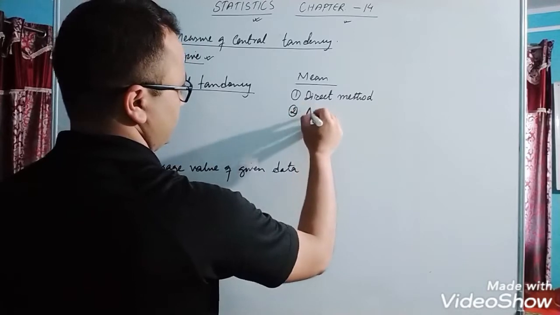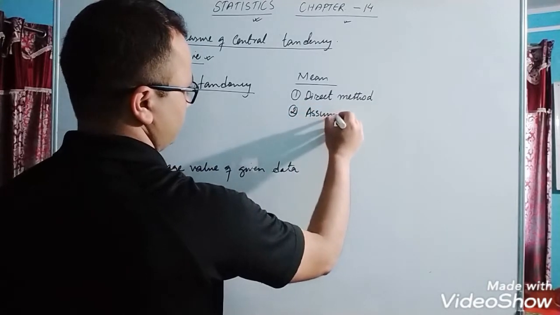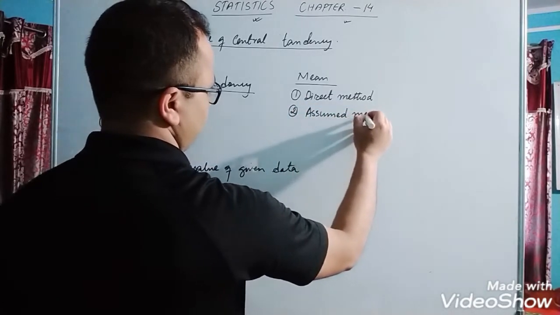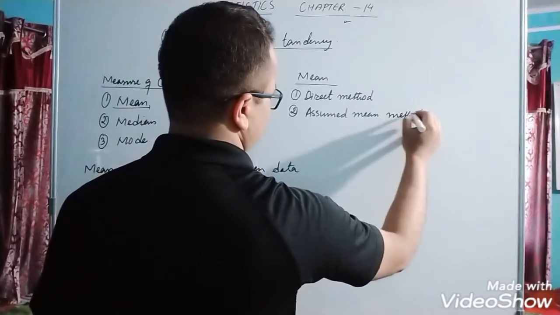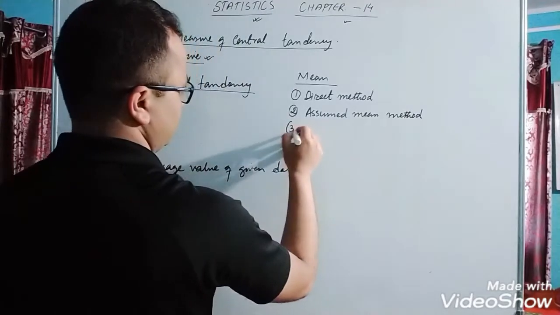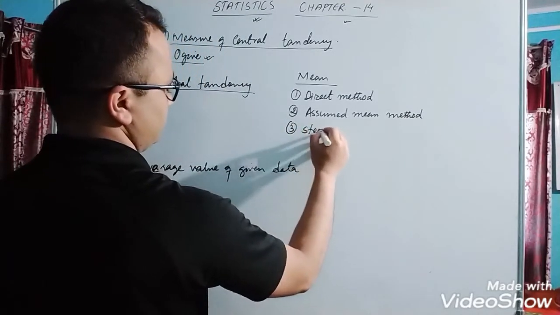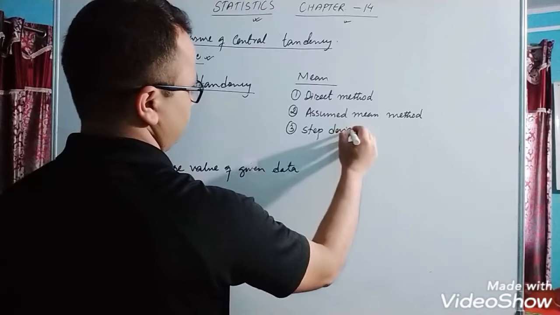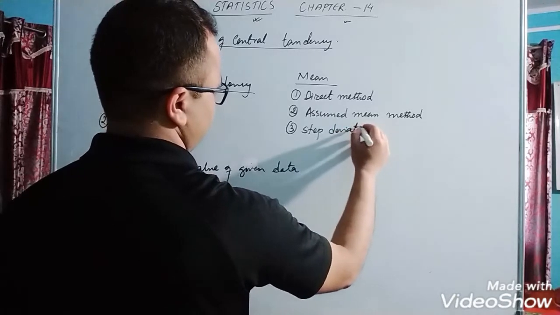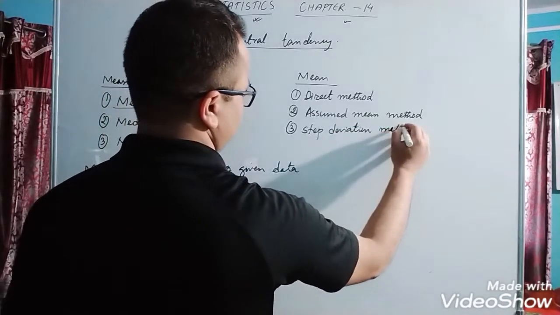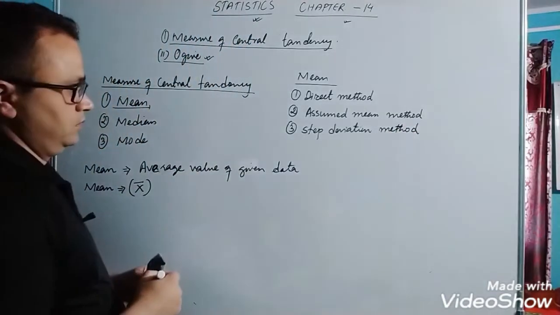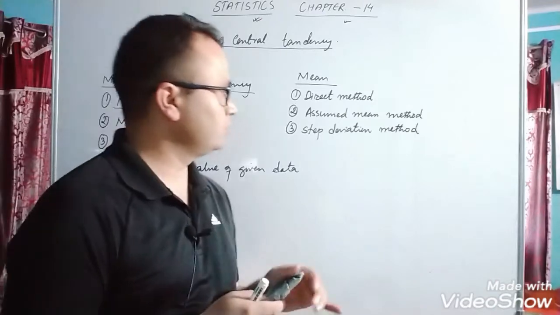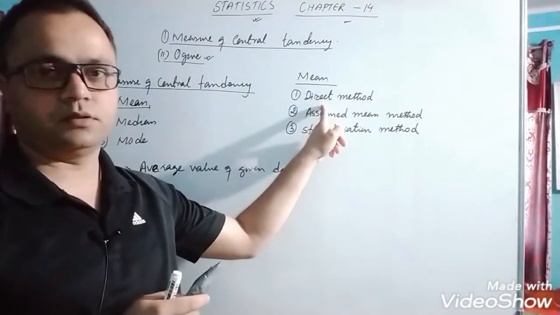Number 2 is assumed mean method. Number 3 is step deviation method. First, we will discuss the direct method.